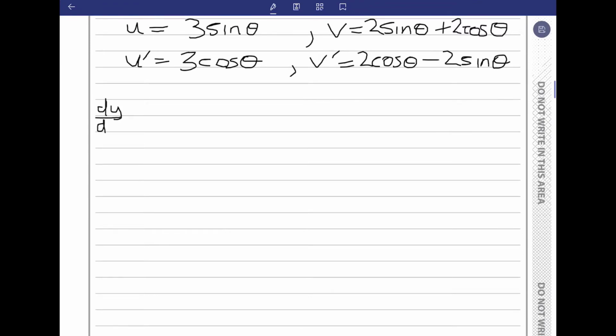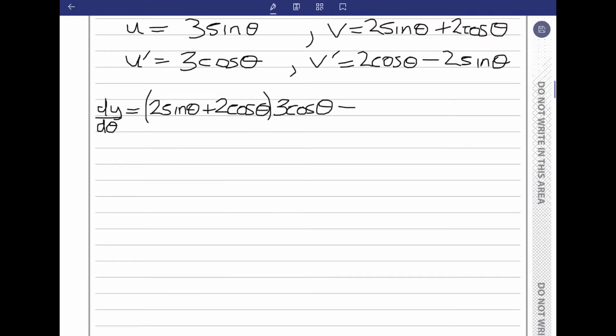So dy by d theta. So first we take v and multiply it by u primed. So we have 2 sine theta plus 2 cos theta, multiply by 3 cos theta.